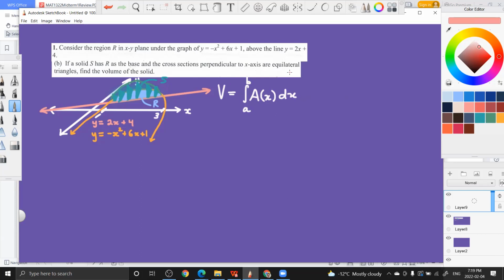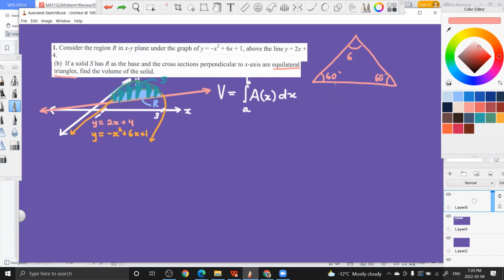Now pay attention, it says this is an equilateral triangle. So the triangle sticking out like this is an equilateral triangle. Let's draw it. Here is the equilateral triangle, which means that these two sides are 60 degrees. This one is 60 degrees as well.